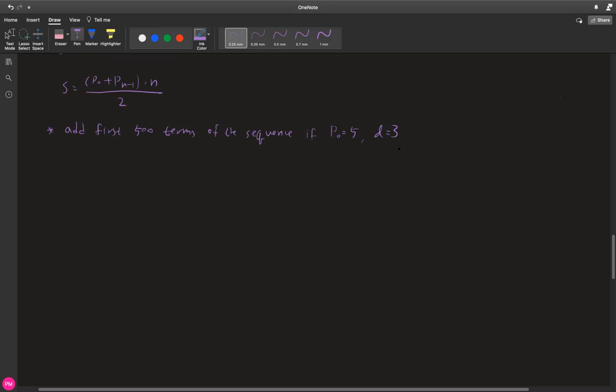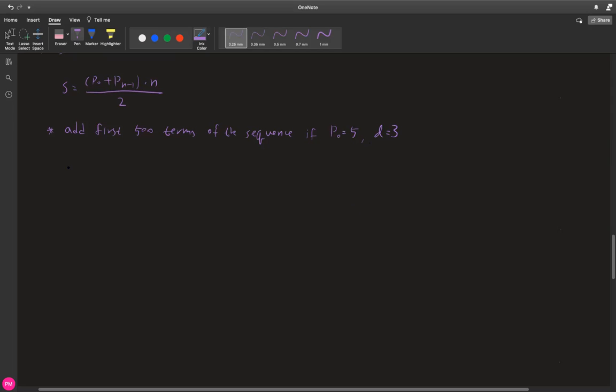So this is a very different type of problem from what we saw earlier with adding from 1 to 100, because it's not going up by 1 increment. Now it's going up by 3, and we're not starting from 1, we're starting from 5.